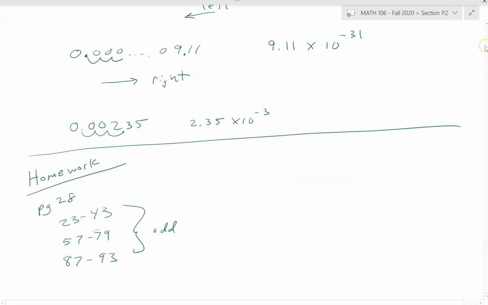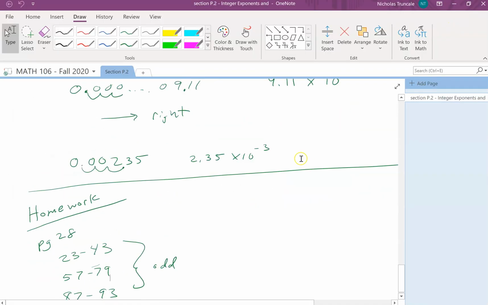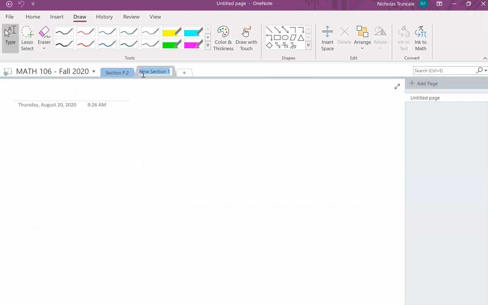So let's go back here. When you actually go here, you'll see there's a tab that says Section P.2. I'm going to change to the next tab and do Section P.3. You'll see I'll just have notes by section.